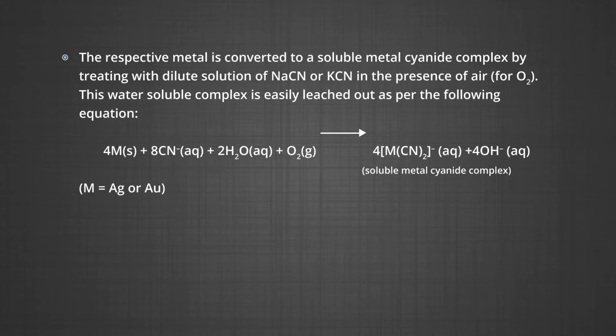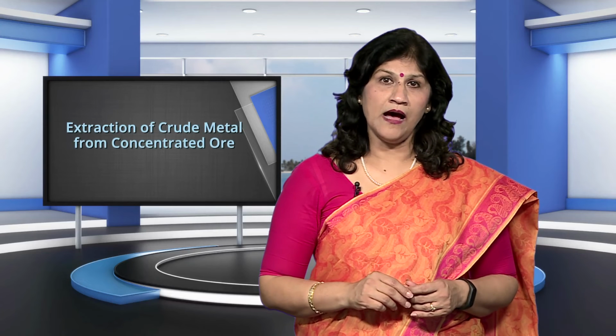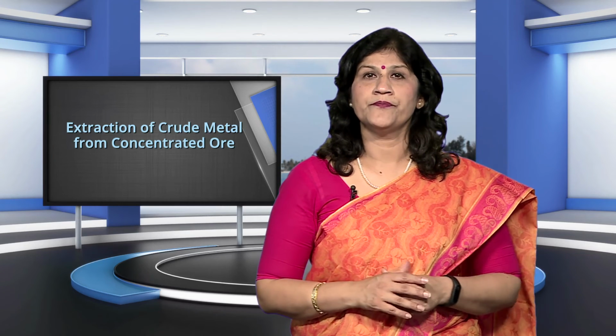This water soluble complex is easily leached out as soluble metal cyanide complex. Second step, the metal is obtained later from its soluble complex by replacement with zinc, which forms a more stable tetracyanozincate complex.